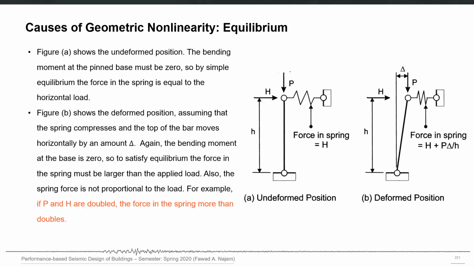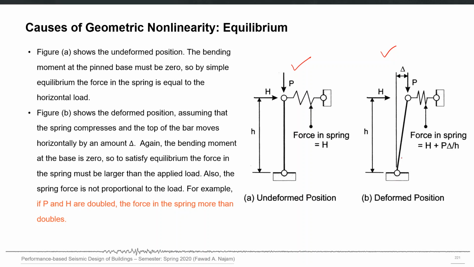So this first figure shows the undeformed position. The bending moment at the pinned base must be 0. So by simple equilibrium we can write that the horizontal force H will be equal to the force in the spring. But this will not be true for case B, where we have considered a deformed position. Assuming that the spring compresses and the top of the bar moves horizontally by an amount delta, again the bending moment at the base is 0.